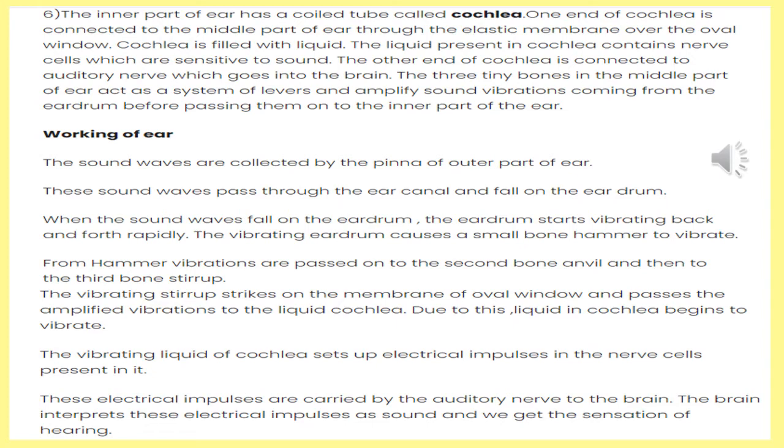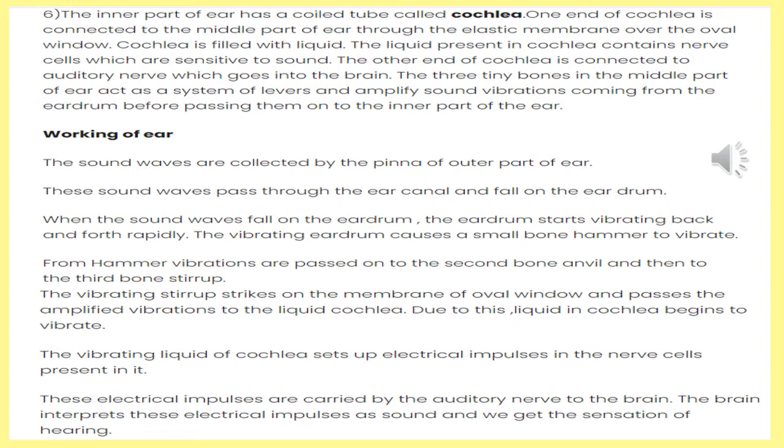Now, how do the different parts of the ear work? The sound waves are collected by the pinna of the outer ear. These sound waves pass through the ear canal and fall on the eardrum. When the sound waves fall on the eardrum, it starts vibrating back and forth rapidly.